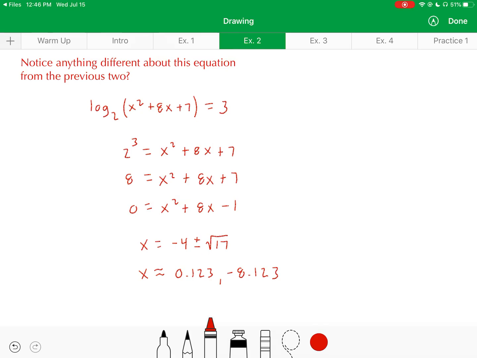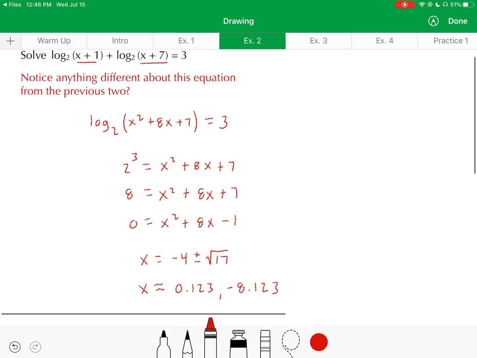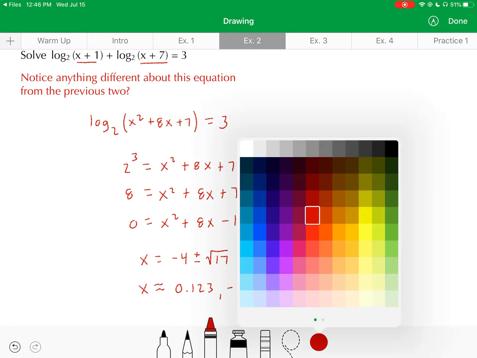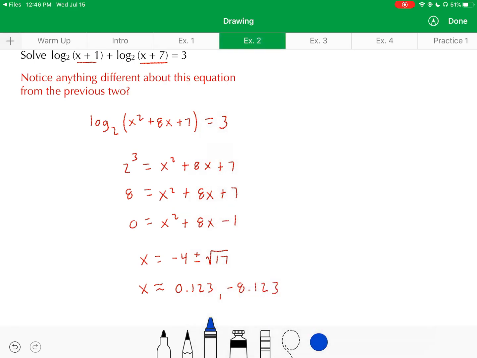If it's -4 minus the square root of 17, you end up with -8.123. Now make sure, are either of those solutions extraneous? It just so happens that the value of -8.123 is. So here is my only solution.